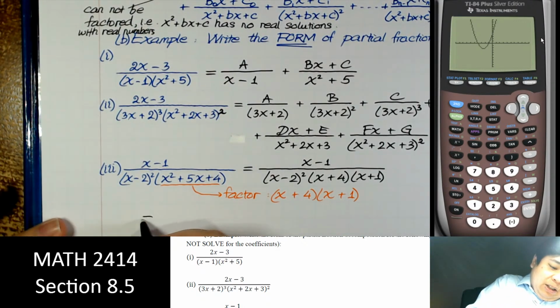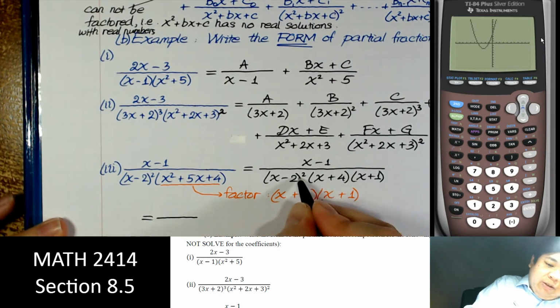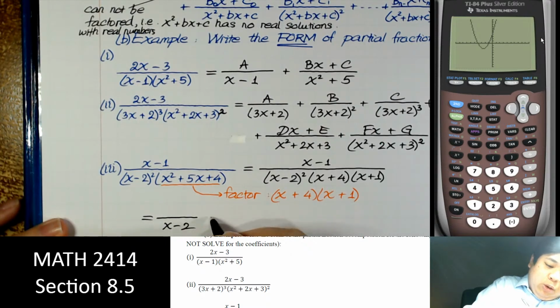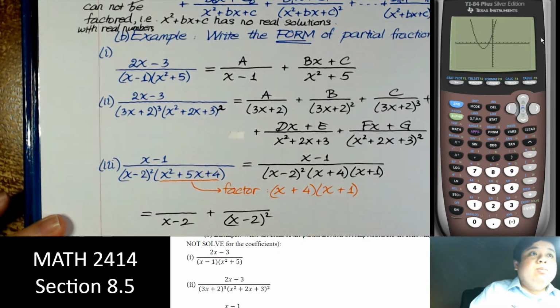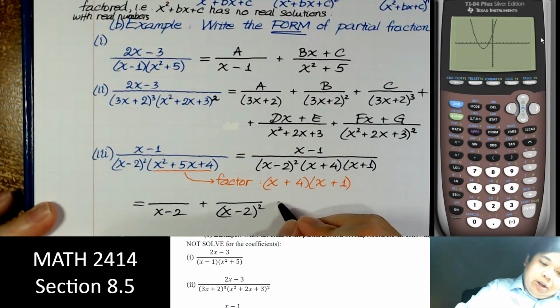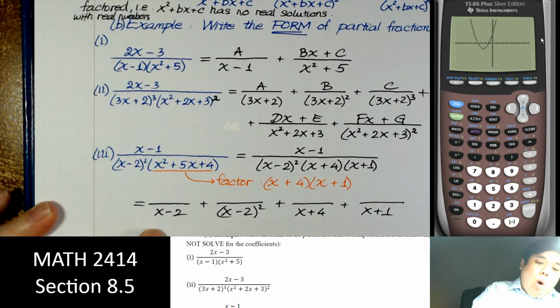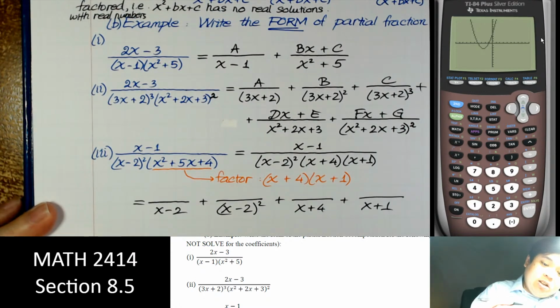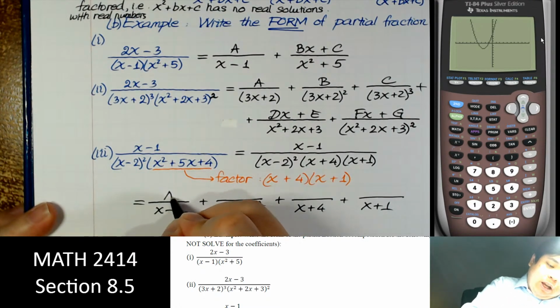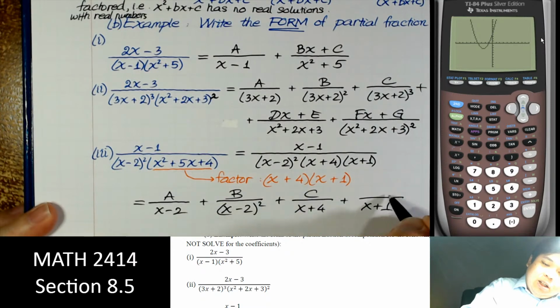And from there we have x minus 2, two of them, and one of each. Right, all of them are linear factors though. So A, B, C, D.